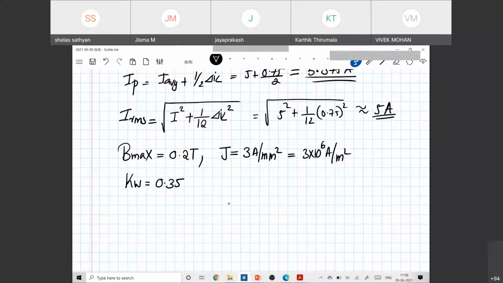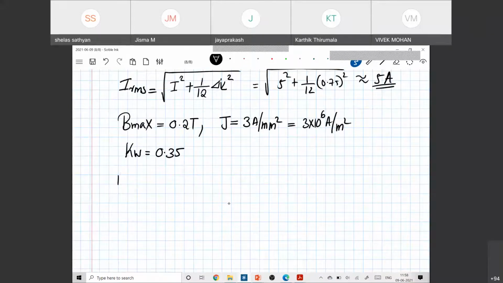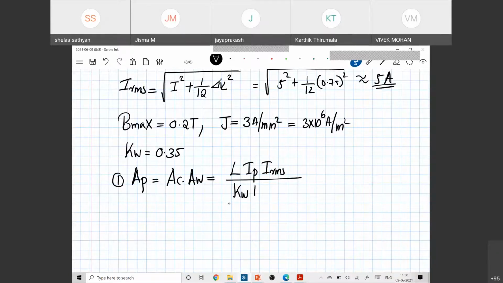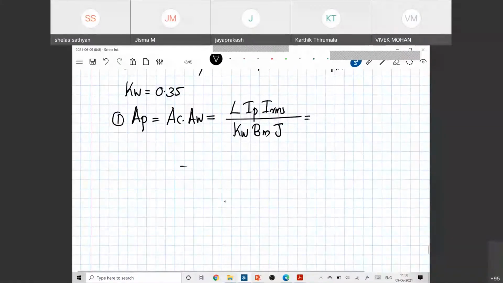Now we could find out the area product. The first step is to find out the area product of the core. That is given by AC into AW. We don't know what the AC and AW values are, but we know this is given by L into IP into IRMS divided by the window utilization factor, the maximum saturation flux density, and the current density J. So all these factors we have put. We know the value of inductance, that is 100 microhenry.